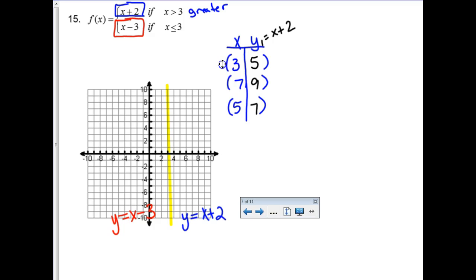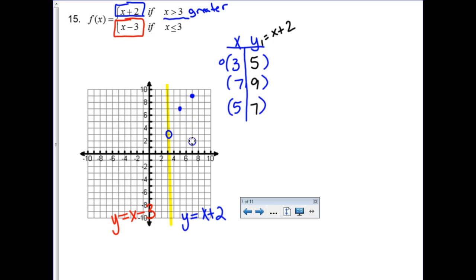Are we going to be plotting an open circle or a closed circle on the boundary line for my blue function? Open this time because it does not have an equal to. So at 3, 5, open circle. And then everything after that's just a point. So 7, 9, and 5, 7.